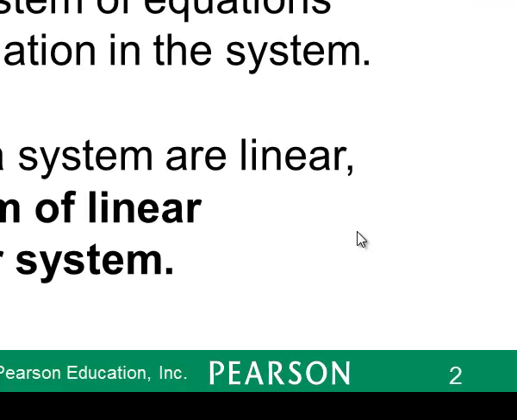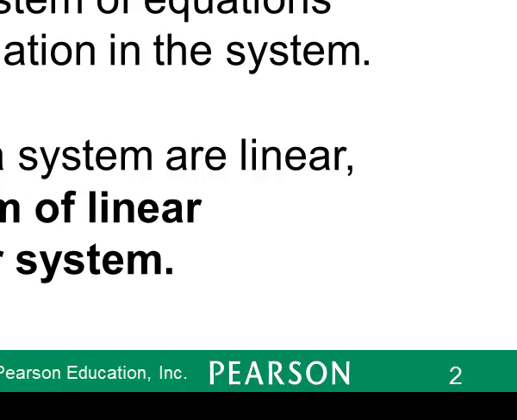Linear systems. We have a set of equations called a system of equations. So basically, when you have two equations together, you want to try to find a common solution between the two, then you have a system of equations.